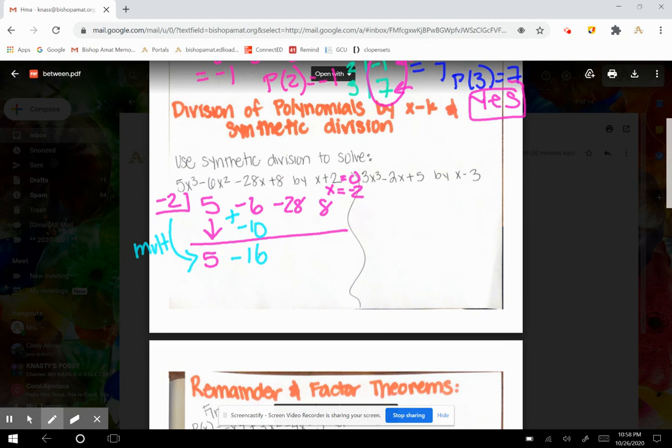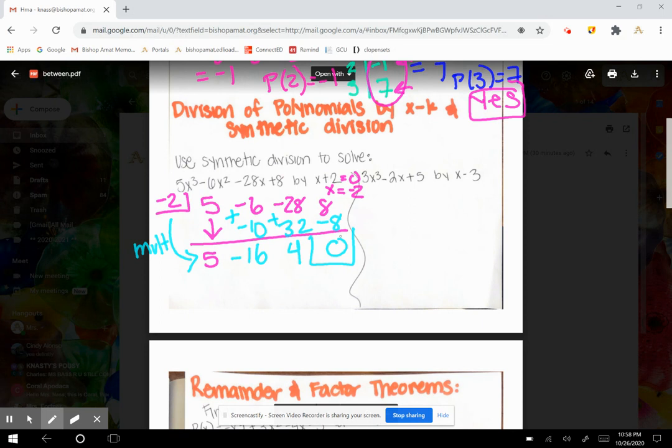So negative 2 times negative 16 is 32. Okay, and that's a positive 32. So 32 minus 28 is 4. Negative 2 times 4 is negative 8. 8 minus 8 is 0.